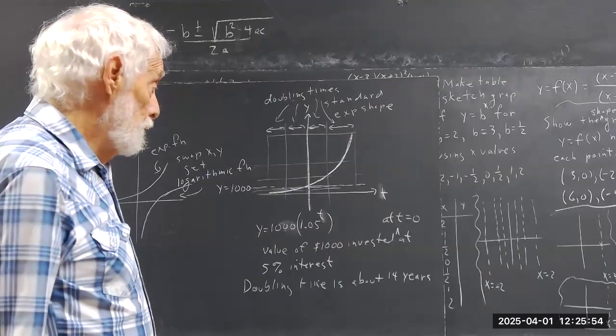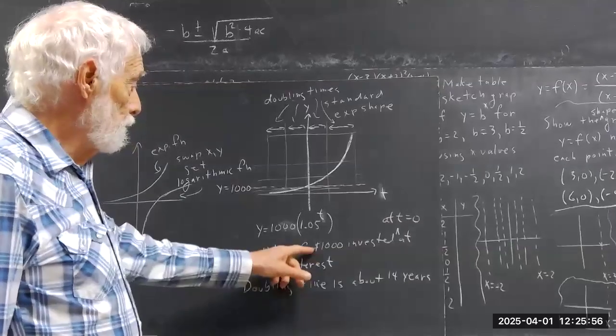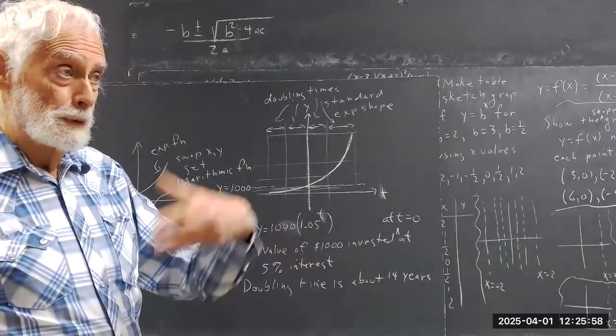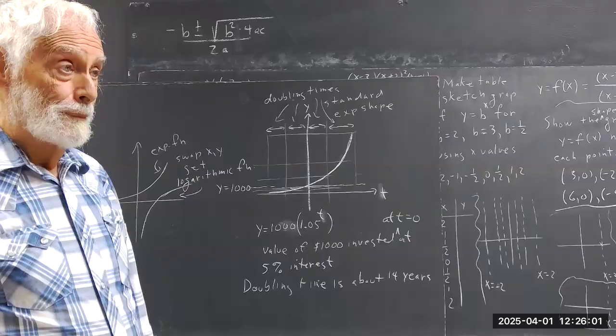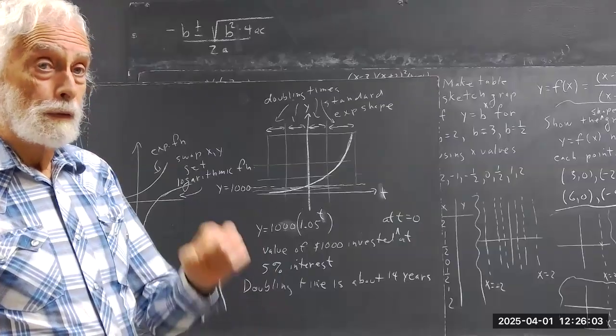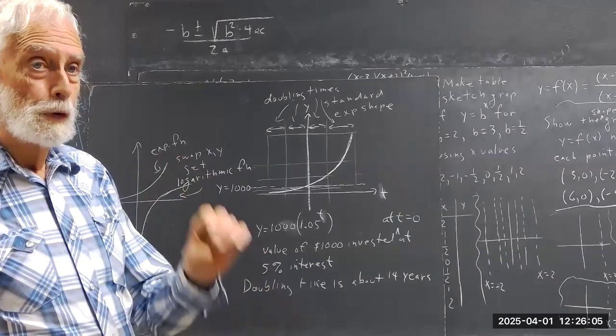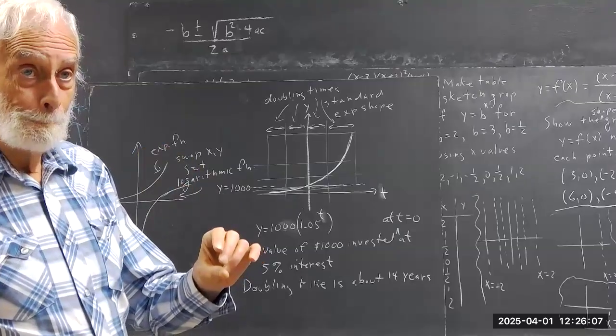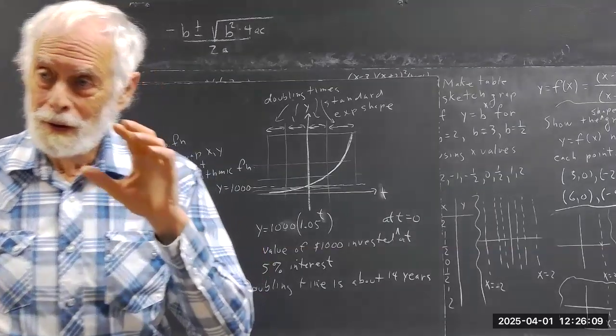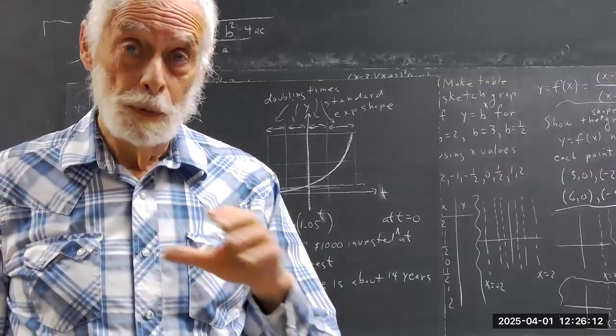Okay. That's how you determine the doubling time. You use a logarithm to solve a certain equation. And the rules are very, very simple if you reinforce them when you see them. Okay. So please do everything you can to reinforce what you're learning.